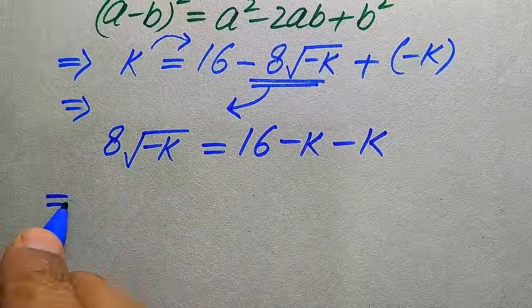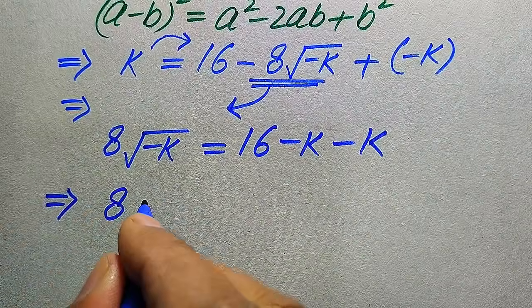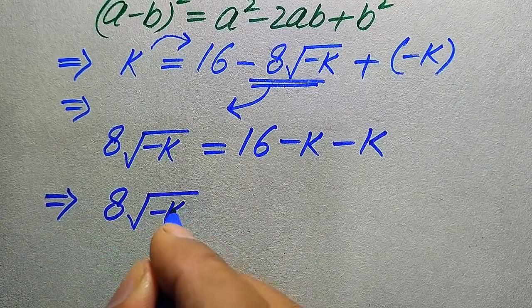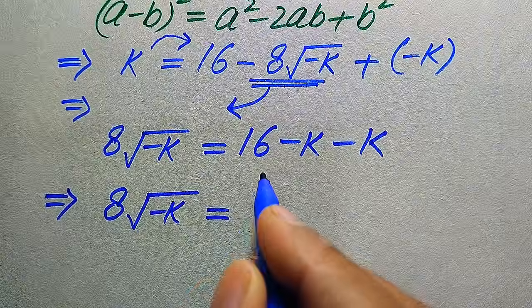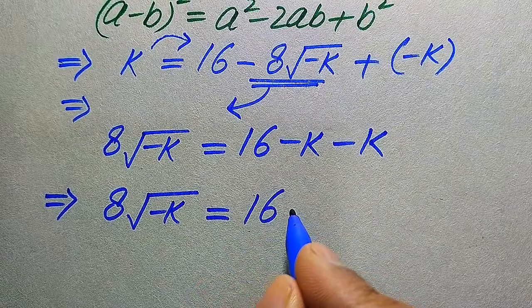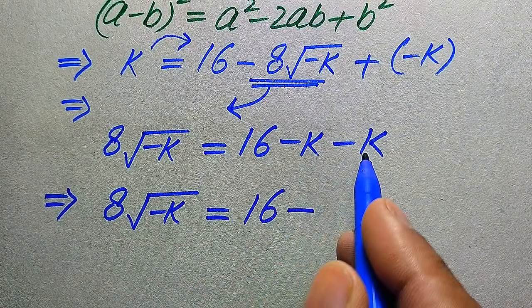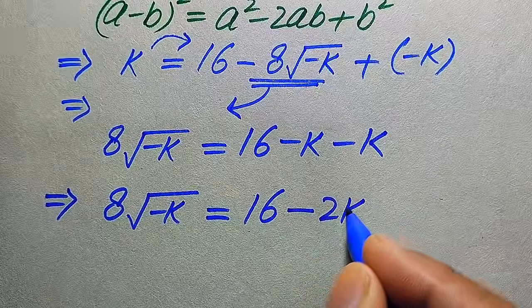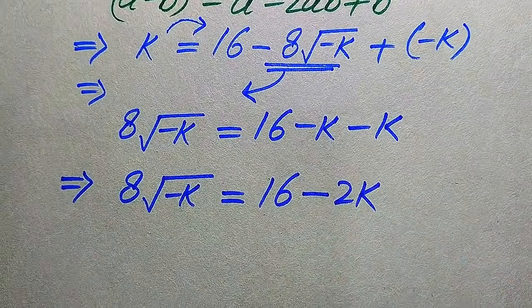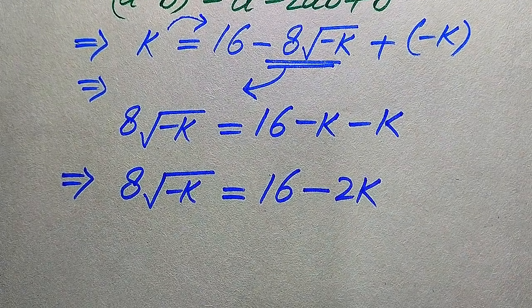And now further in the next step we need more simplifications, and it will be written as 8 times square root of minus k is equal to 16 minus, we have minus k becomes 2 times k. And now here our target is to find the values of k.